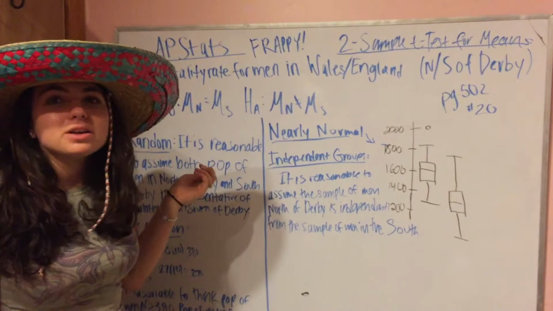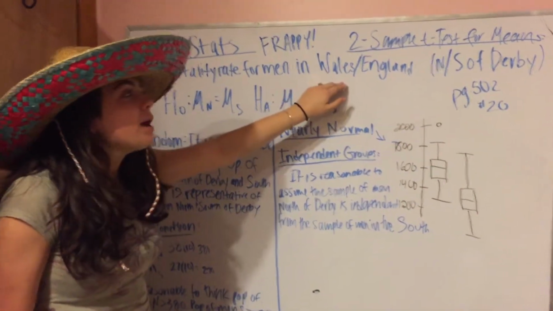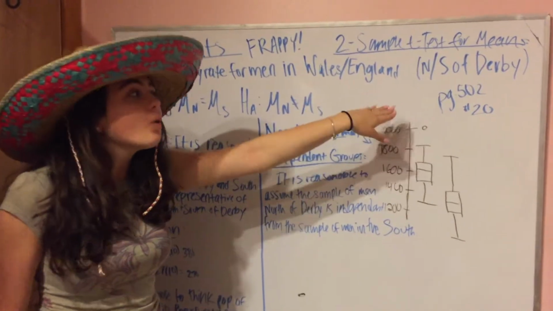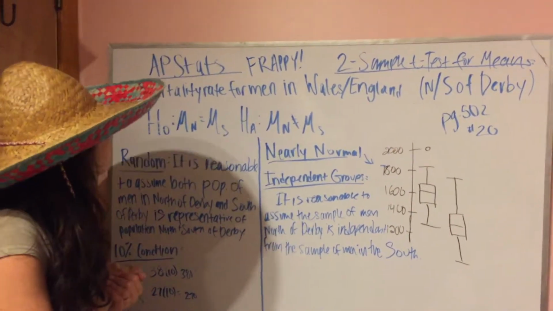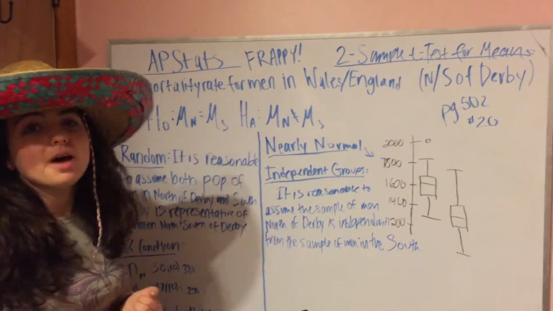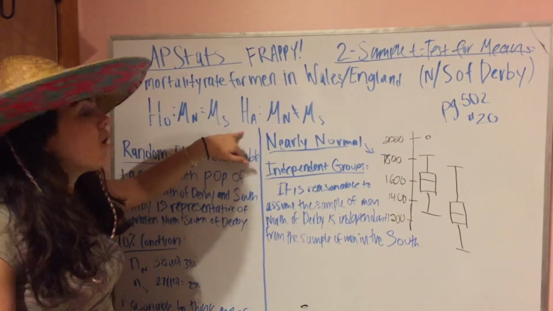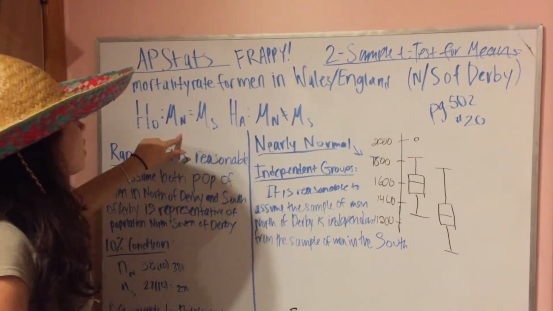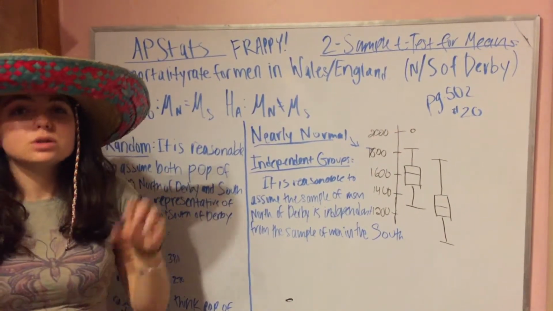Alright, so as you just heard the problem, the mortality rate for men in Wales and England, north and south of the city Derby. So, in this problem, the first thing we have to do is make up two hypotheses. The null hypothesis and the alternate hypothesis. In the null hypothesis, you always say one mean is equal to another.